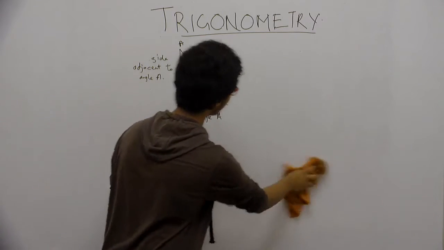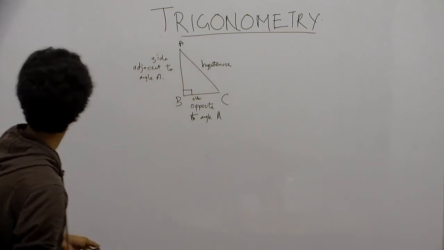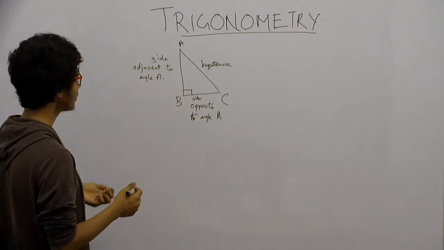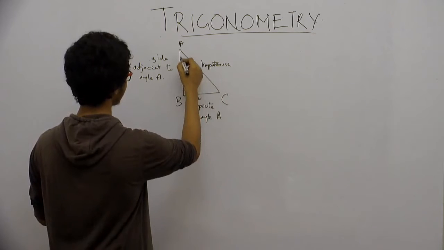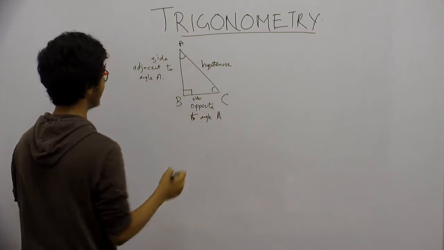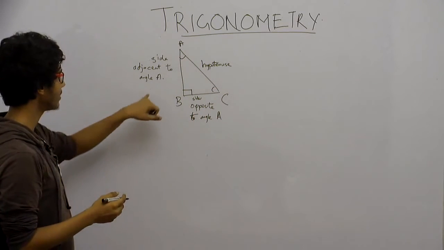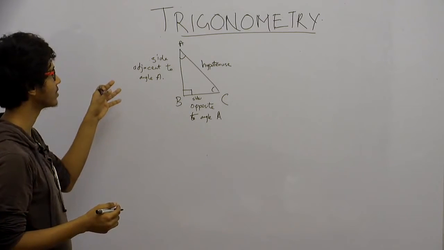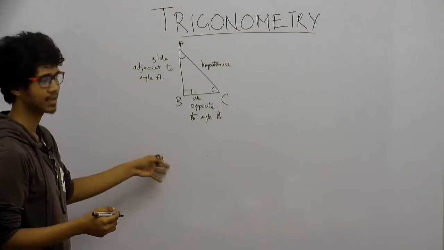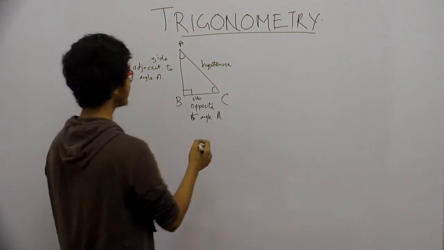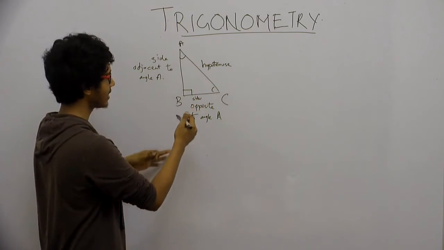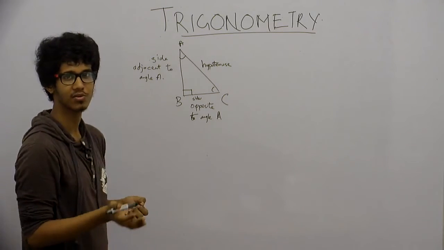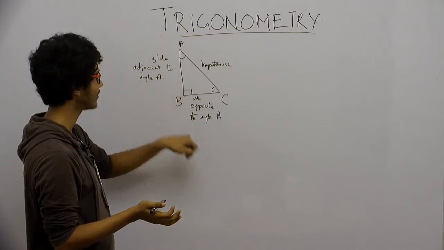now let's move on. We still have a right angle triangle. Now the thing to note is that this is angle A, this is angle C. The trigonometric ratios define the ratios between the sides, but as long as the angle is constant, we can extend the triangle to any dimensions, but the trigonometric ratio won't change even though the length of the sides change.